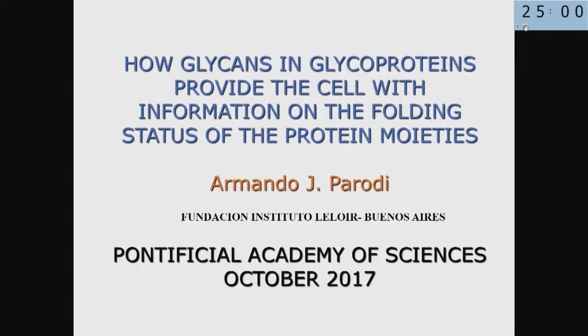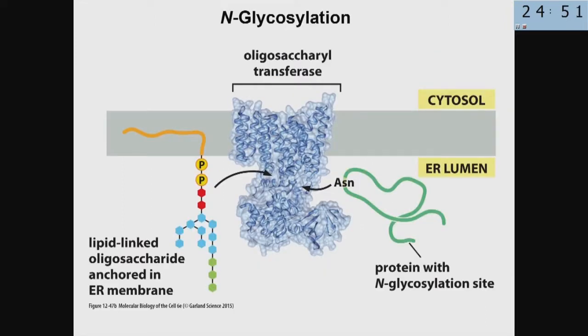The title is How Glycans and Glycoproteins Provide the Cell with Information on the Folding Status of Protein Moieties. As you may know, about 40% of all proteins synthesized in mammalian cells follow the secretory pathway.